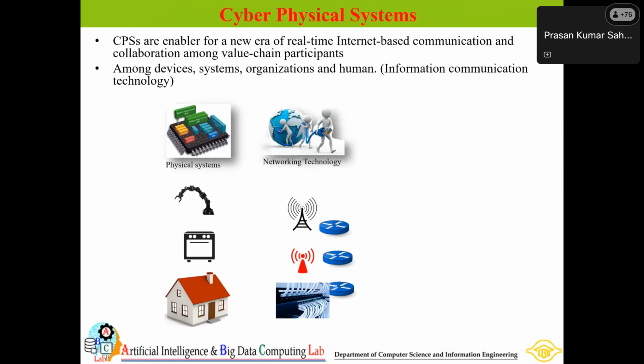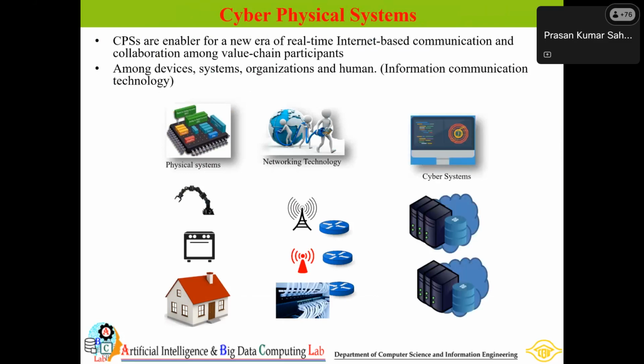As we know, cyber physical systems are enablers for the new era of real-time internet-based communication and collaboration among value chain participants, among devices and systems. So we can say one is the physical system, another is the network technology, and the cyber system.